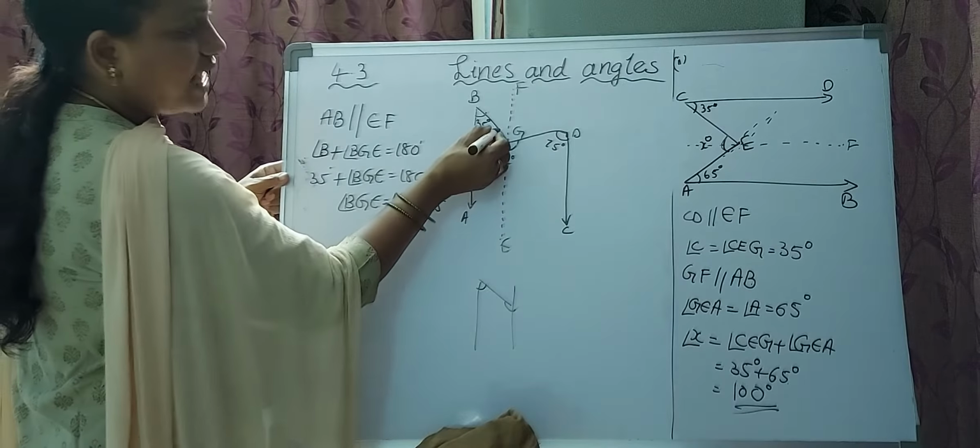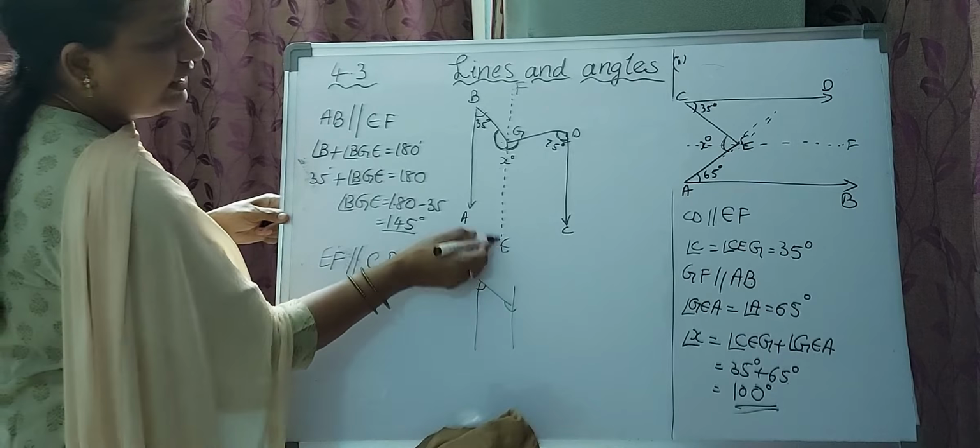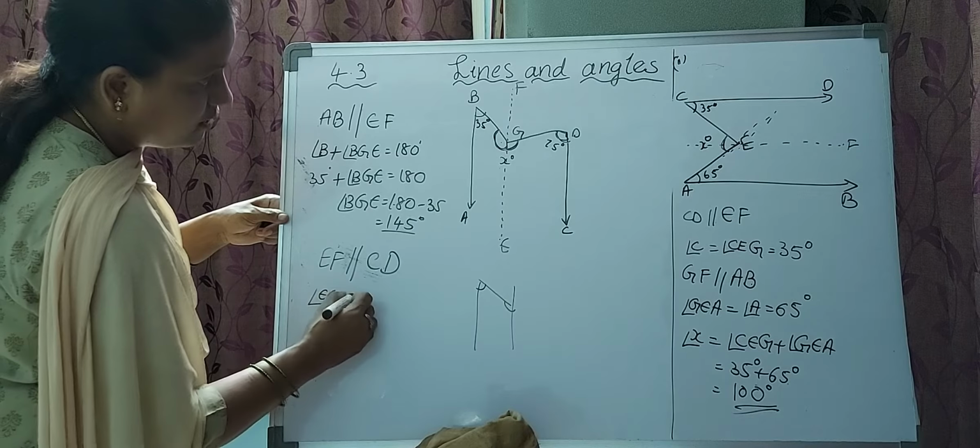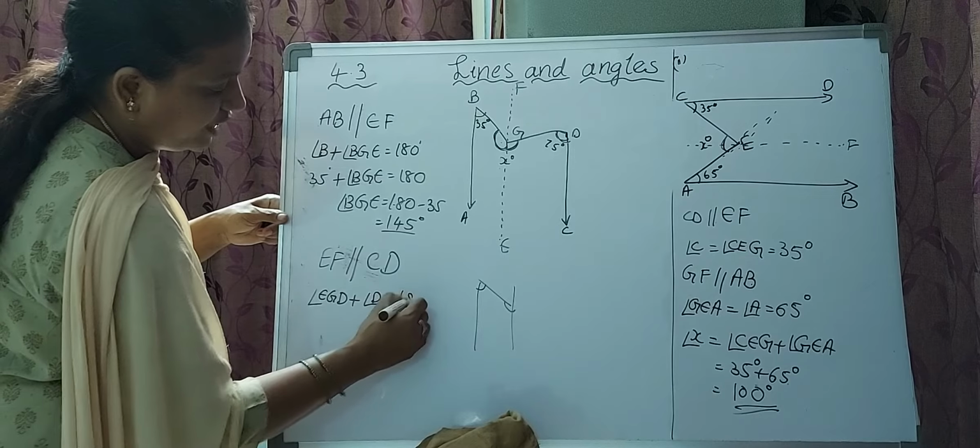Now we have to find out this one. If you find this one, you can find the X angle. So now if you take these two lines, EF is parallel to CD. These two angles are on the same side of the transversal. You have to think this is a transversal. Angle EGD plus angle D is equal to 180 degrees.